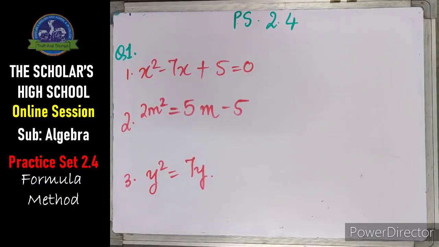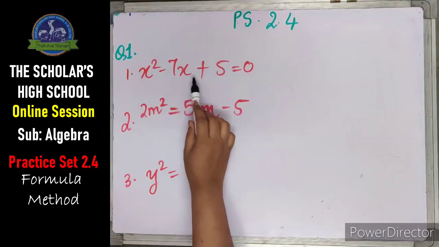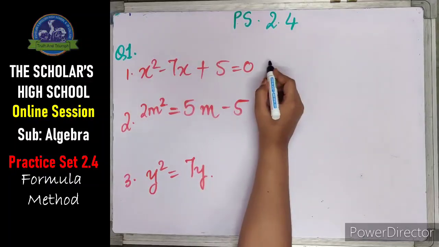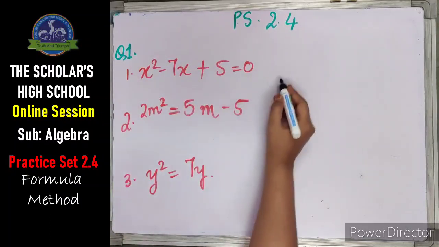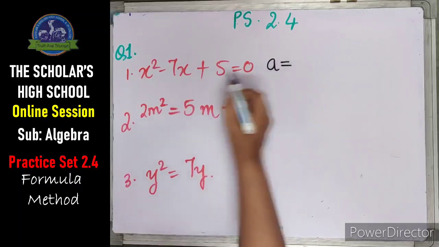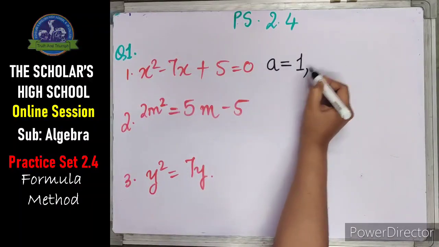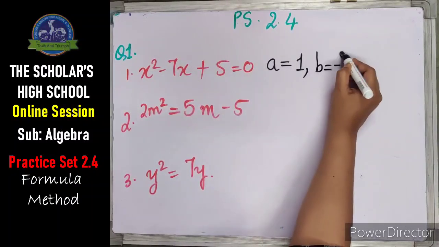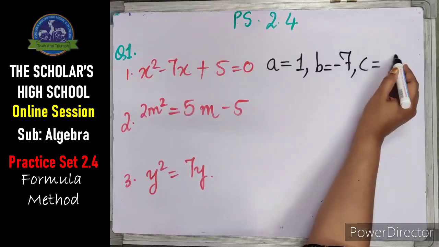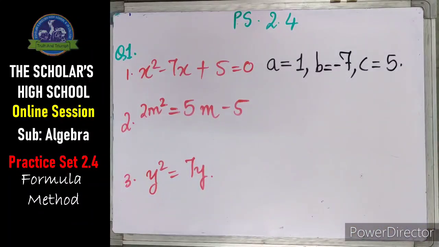So the first equation given here is x square minus 7x plus 5 equal to 0. When you compare it with the standard form, you will get a equals 1, b equals minus 7 and c equals 5.